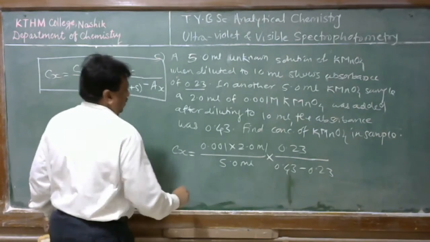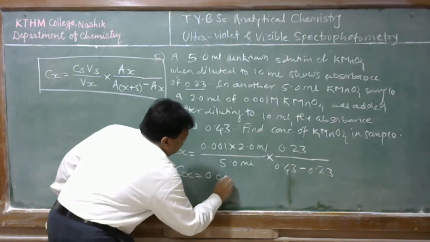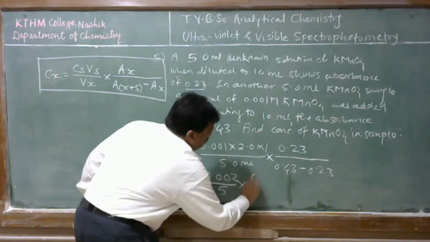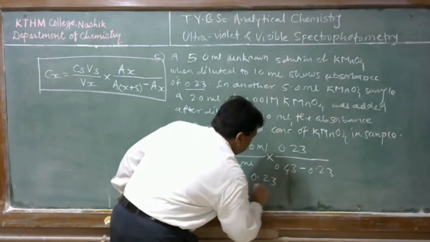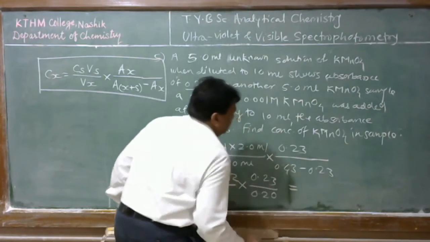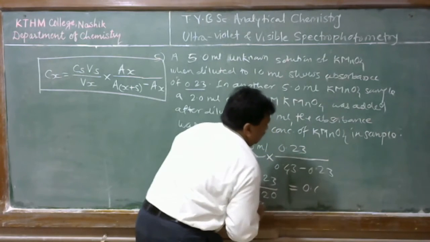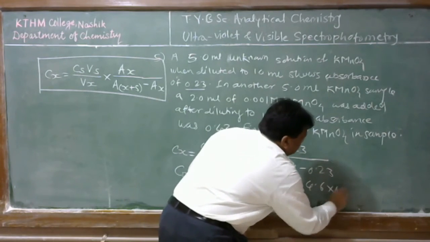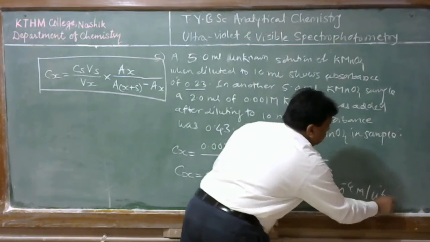Here Cx is equal to 0.002 divided by 5 into 0.23 divided by 0.20. When we calculate this, we have concentration 4.6 into 10 raised to minus 4 moles per liter.